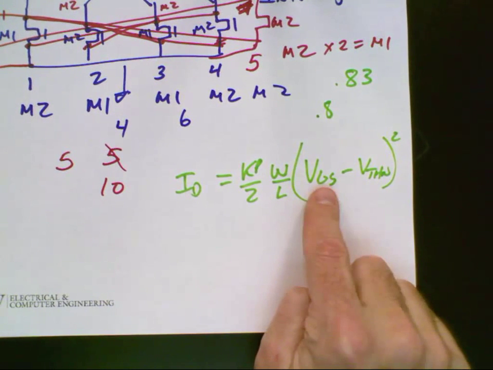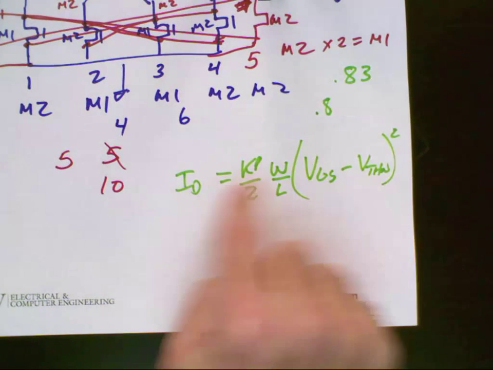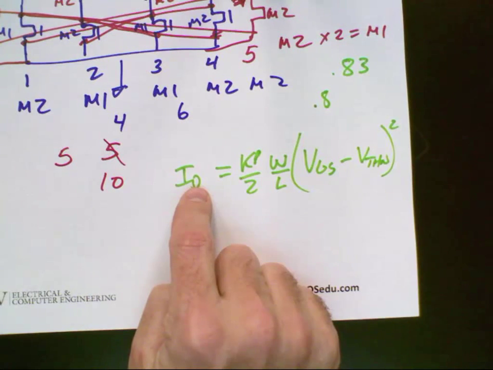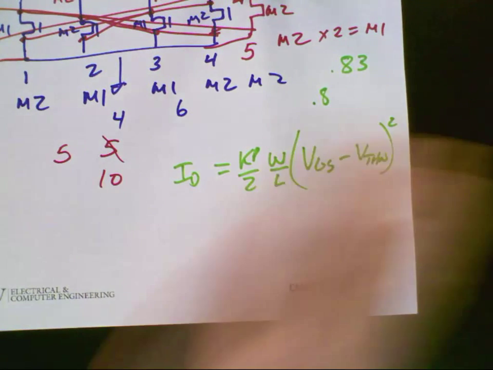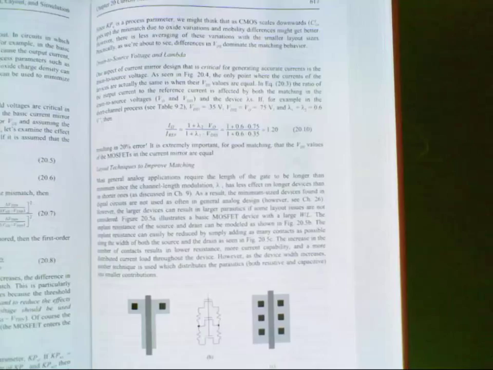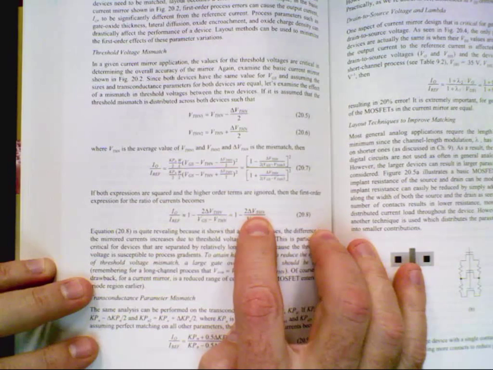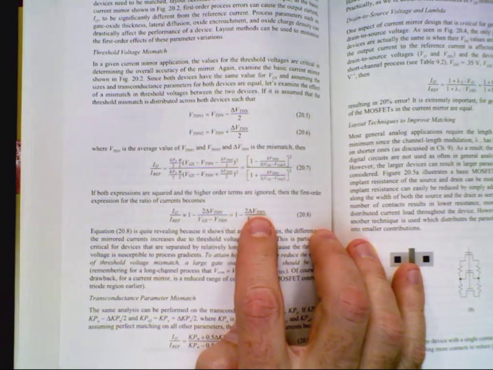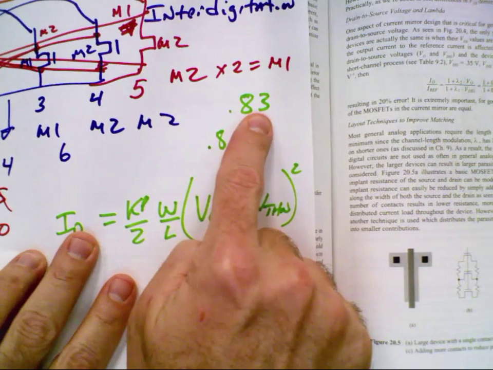So if you have big VGS, then this threshold voltage varying minimizes the effect on the ID. Does everybody see that? Okay, so if I go look at the math, and we'll talk about KP. If I look at the math, delta V threshold is the variation in the threshold voltage. If that's varying, in this case I said delta V threshold was 30 millivolts.